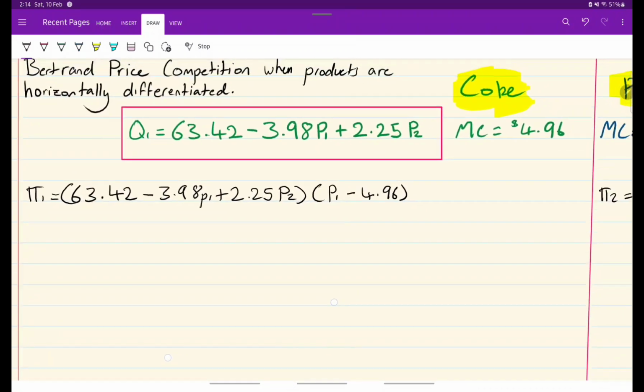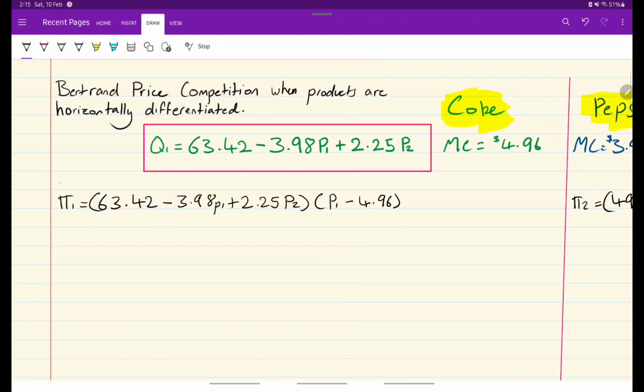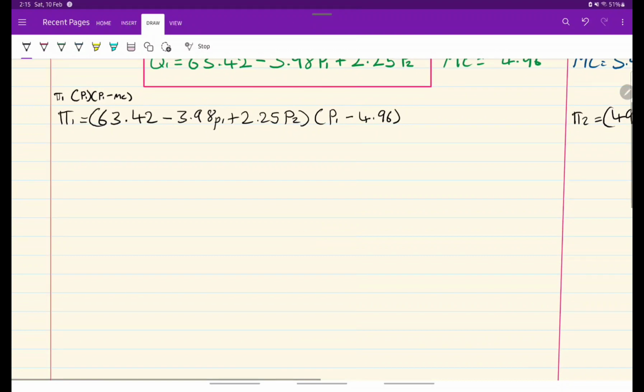So focusing on the left hand side, I'll write that up here. Price multiplied through by its price minus its marginal cost. And so you will distribute. Start down here.